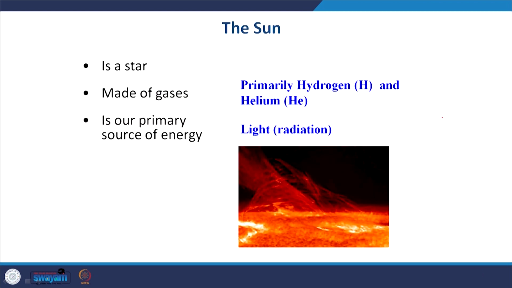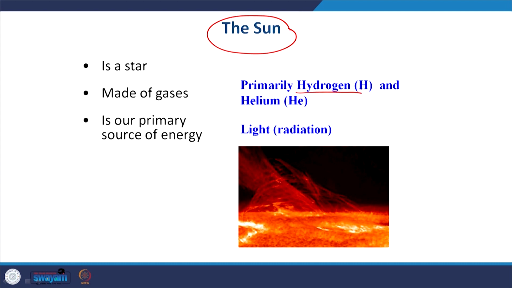Now, let us look at a few very important aspects of the sun itself. Okay, sun. So, what is sun? Sun is a star. What type of star? We will see. Sun is primarily a star, the only star in our solar system. Sun is made up of gases, primarily hydrogen and helium.